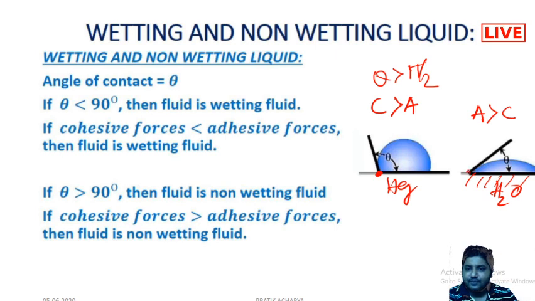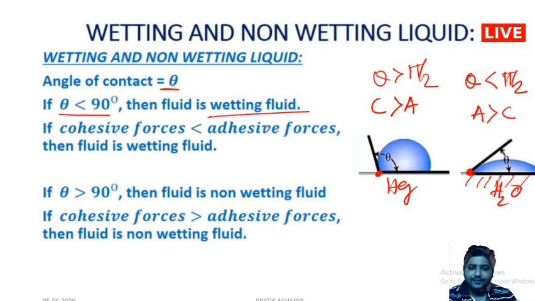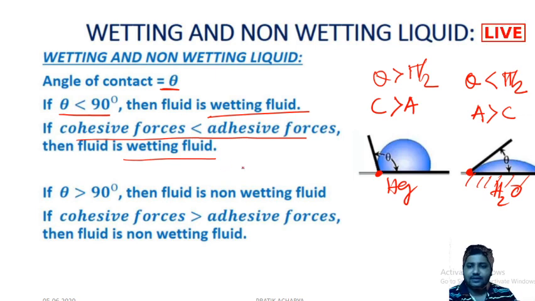If you draw a tangent at this contact point, this theta is less than 90 degrees. So if the angle of contact theta is less than 90 degrees, the fluid is called a wetting fluid. If the cohesive force is less than the adhesive force, the fluid is called a wetting fluid, like water.